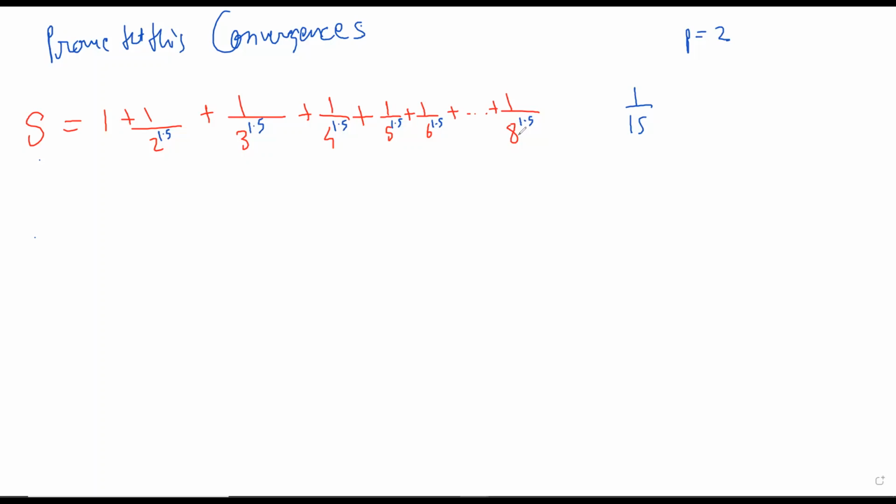If I pick 1 by 2 power 1.5 and 1 by 3 power 1.5, it would come to less than 2 times 1 by 2 power 1.5. The next one would be 4 times: you take the next four, 4, 5, 6, 7, so 4 times 1 by 4 power 1.5.